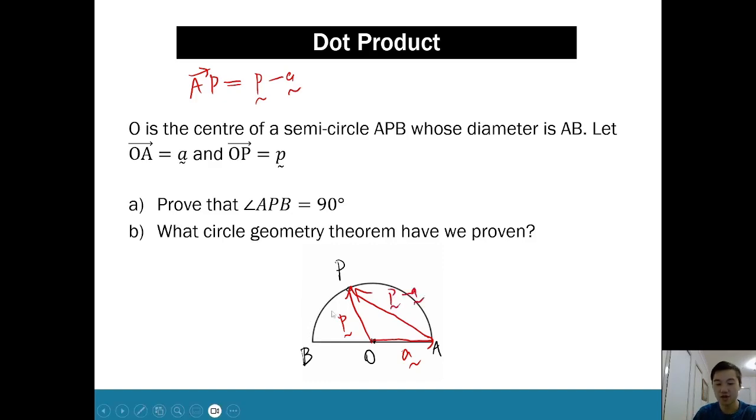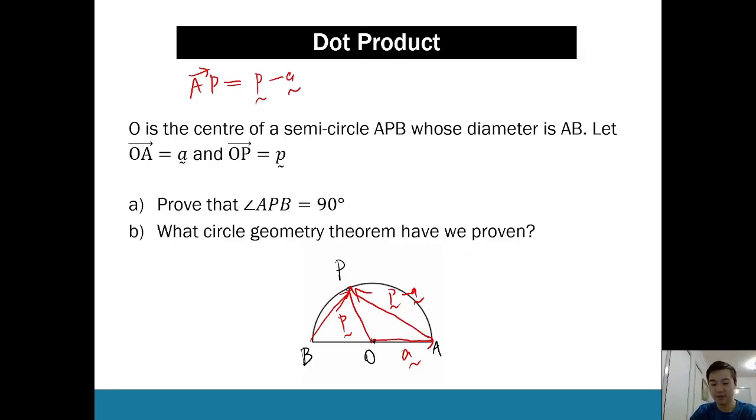If we can show that vector AP is perpendicular to vector BP, then we can show that this angle here is a right angle. So we want to show that the dot product of those two vectors is equal to 0.